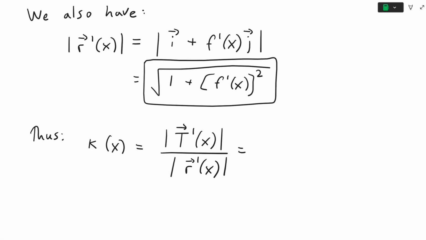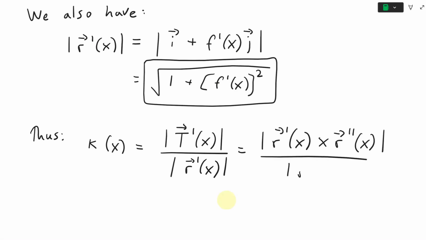This equals, and then our second cross product format, just for completeness, r prime of x cross r double prime of x over r prime of x cubed.